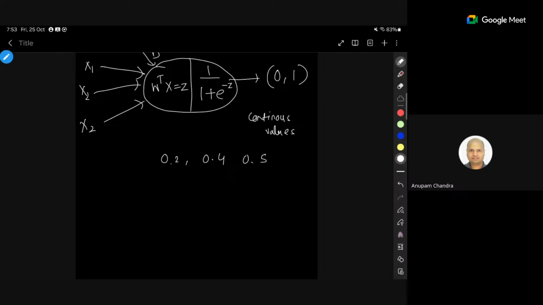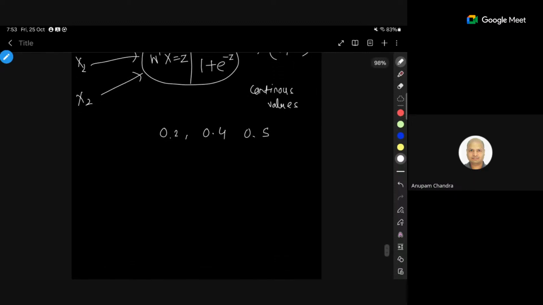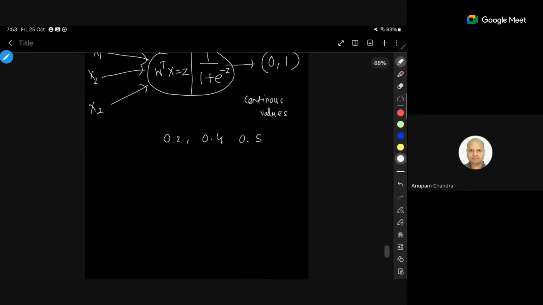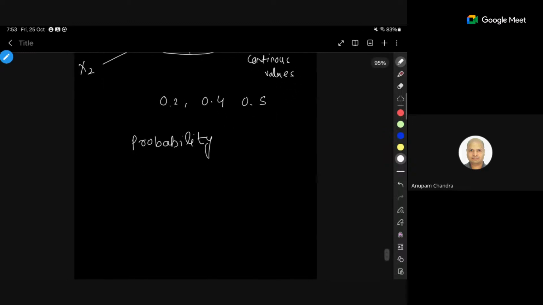You are a little lenient in decision making, so with these values you are more likely to decide better. And since the values lie between 0 and 1, we can connect them with probability. If the sigmoid neuron has value 0.6, you can say there is a 0.6 probability that something might happen.